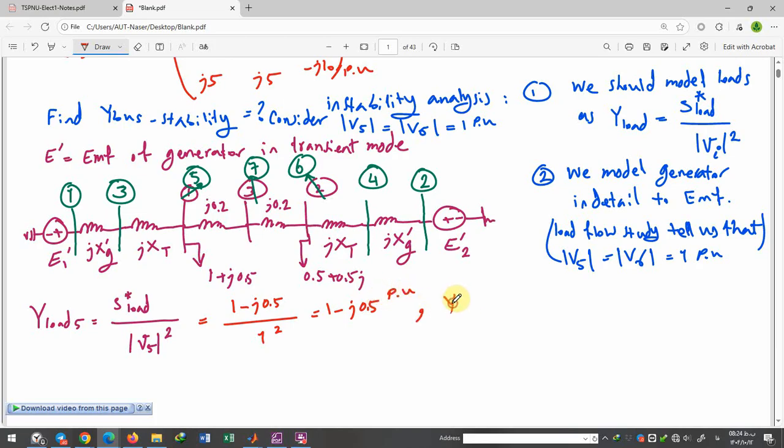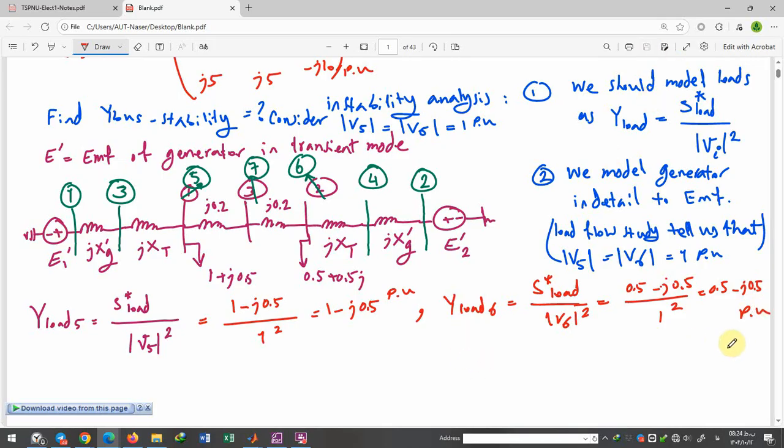Y load number 6 is equal to S conjugate of load over V6 squared, which is half minus j half over 1 squared, so half minus j half per unit. Okay.